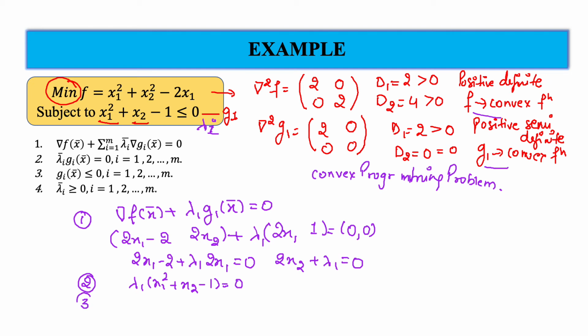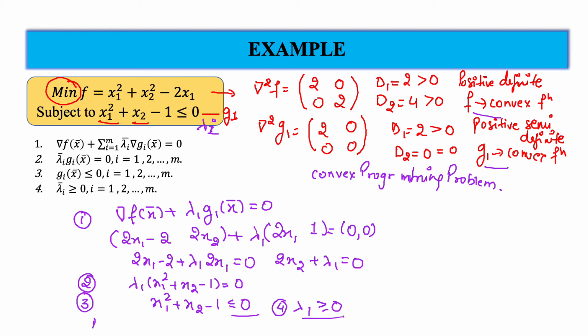Third condition, G1 is less than or equal to 0. And the fourth condition is lambda 1 is greater than or equal to 0. So these are the 4 KKT conditions. This is the feasibility condition, this is the non-negativity condition.